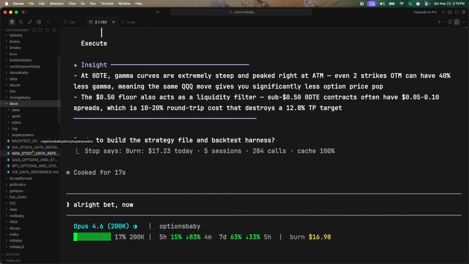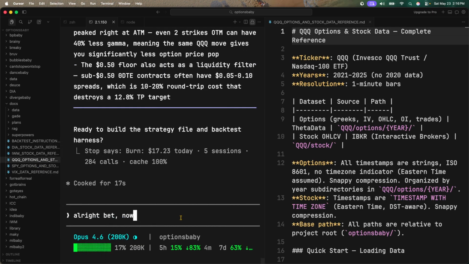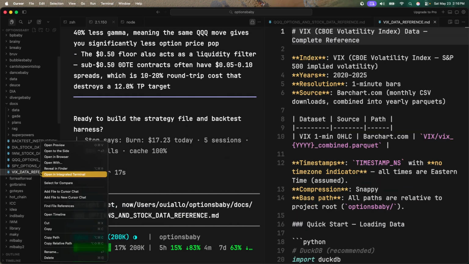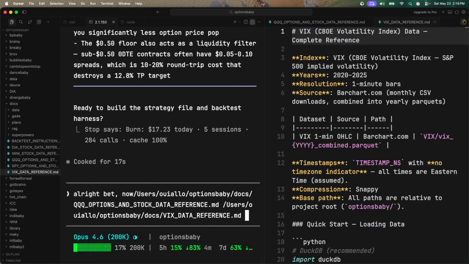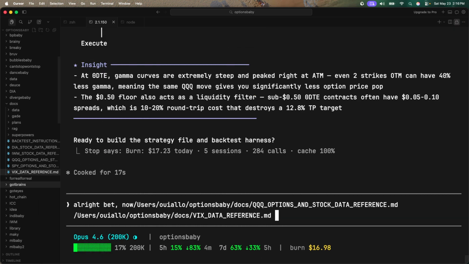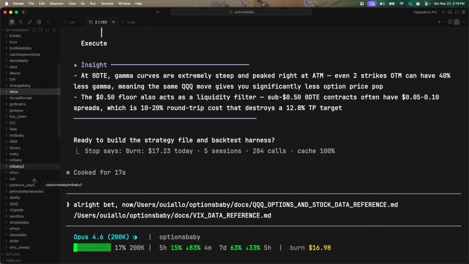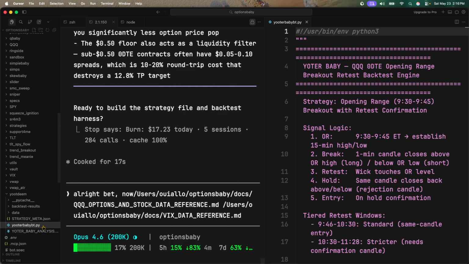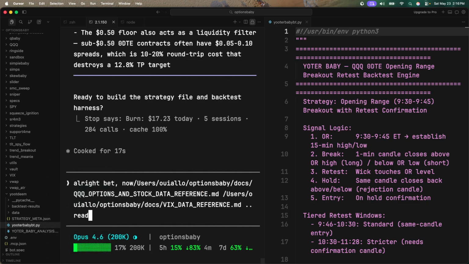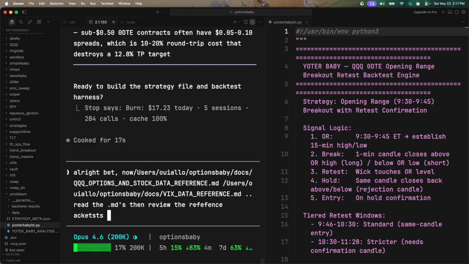Now I'm going to have it read the QQQ stock docs and then the VIX stock doc. Then what I'm going to have it do is review a couple of example backtests. Here's a QQQ one. Read the .mds. Then review the reference backtest.